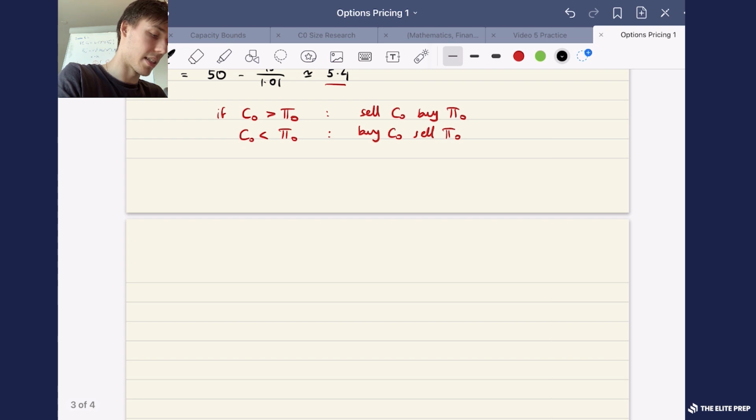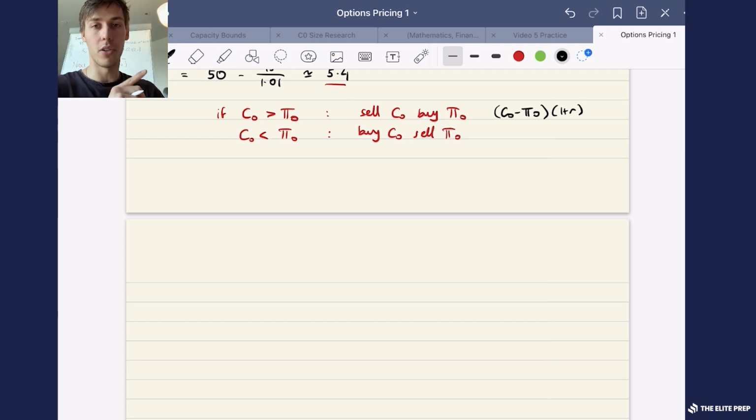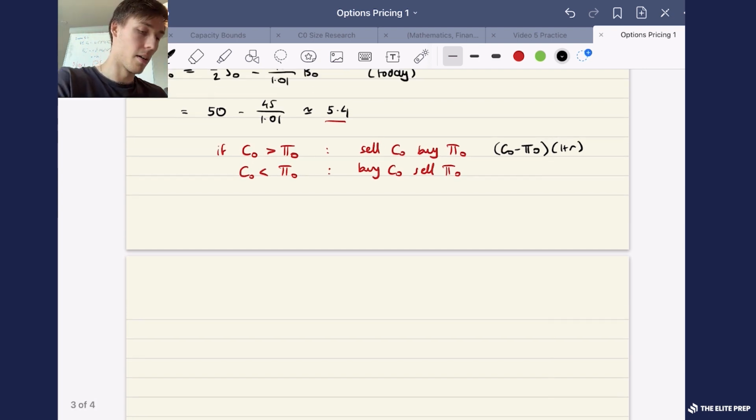So in the first case, we'll have C0 minus pi 0 in the bank account. So after time t, we would have this times the interest rate, and the portfolios just counteract. So it would be plus CT minus pi t, and this is just equal to 0.